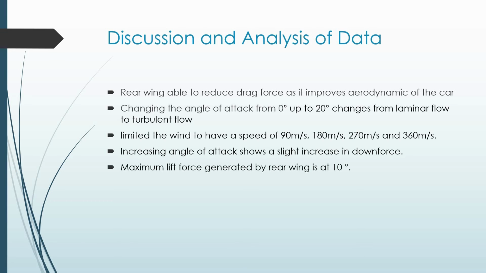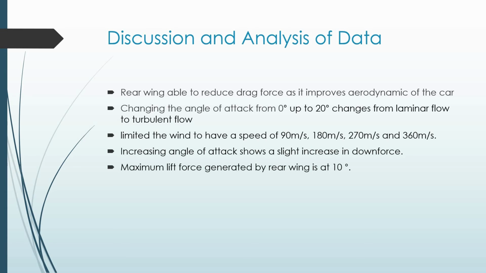The speed of the wind passing through the rear wing is also limited at certain points to make sure that the data obtained when running the simulation is accurate and not dependent on random errors. So for example, we will use different speeds of 90 meters per second, 180 meters per second, 270 meters per second, and 360 meters per second.